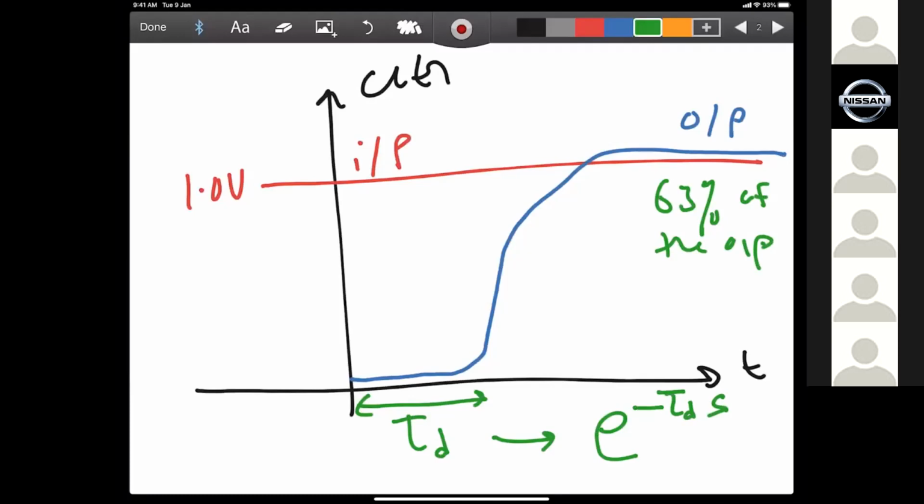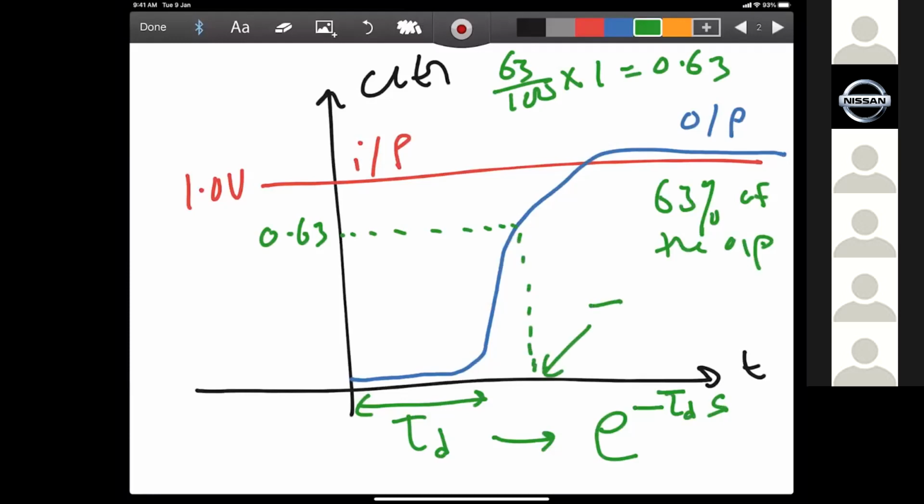So 63% of 1 is 0.63. Am I right? So this one we call the time constant. Understand?